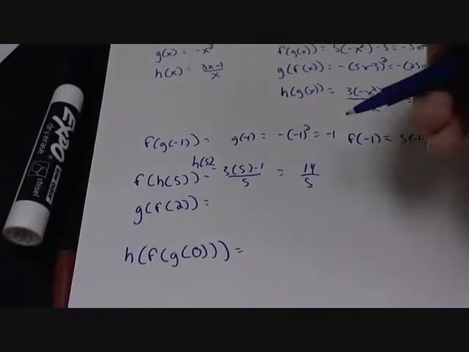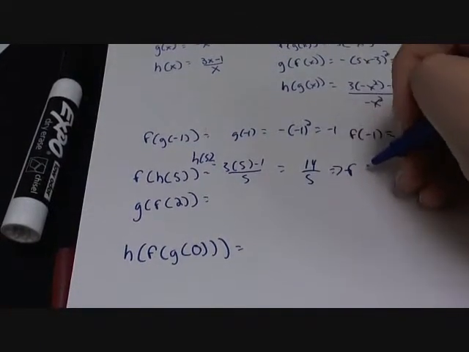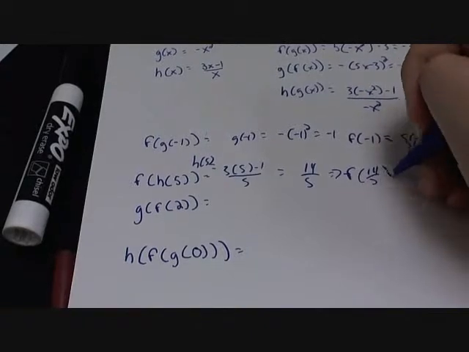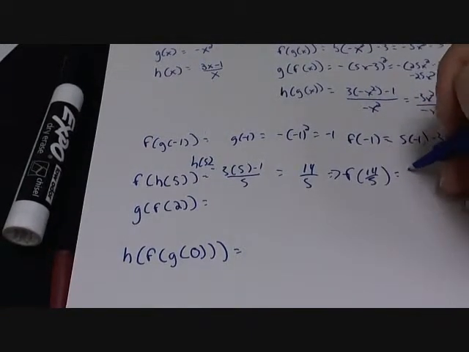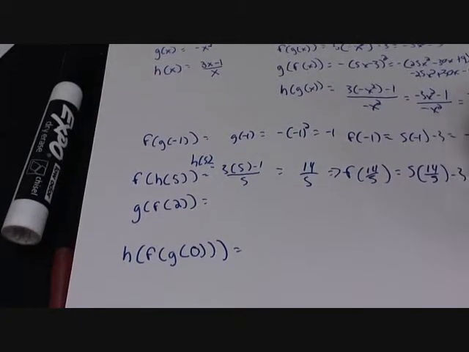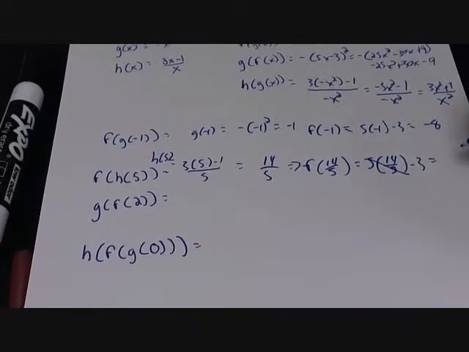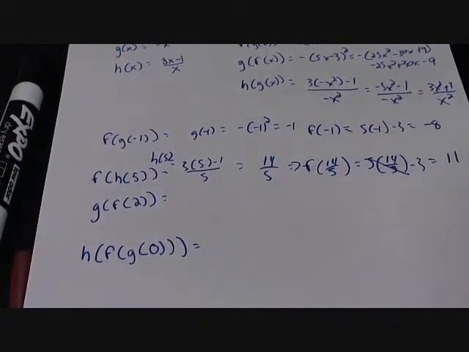Now we're plugging in 14 over 5 into our f. So f of 14 over 5 is 5 times 14 over 5 minus 3. The 5's cancel, so you're left with 14 minus 3, which is just 11.